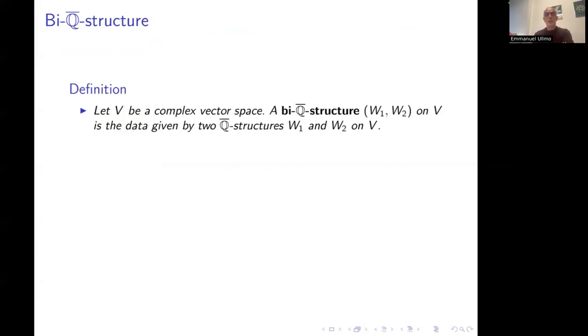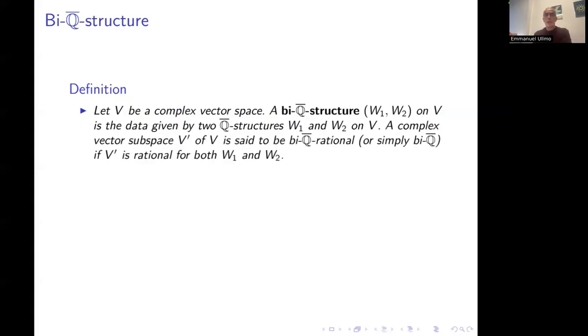You have a complex vector space, and a B Q-bar structure on this complex vector space is just the data of two a priori different Q-bar structures, W1 and W2, on V. So you just find two bases and you look at the Q-bar vector space generated by these Q-bases.